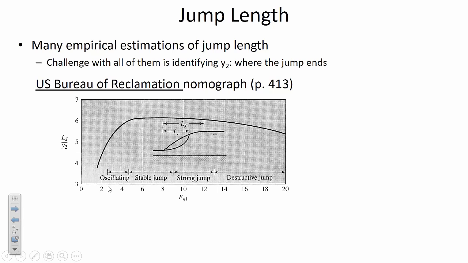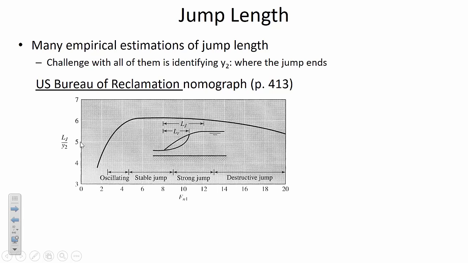So if we had, say, for example, about 2.5 for the Froude number, then we'd intersect the curve, go over to the left, and then that tells us that L sub j divided by y2 is 5.